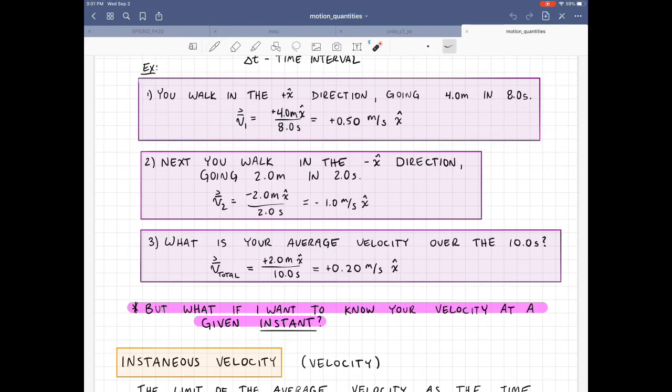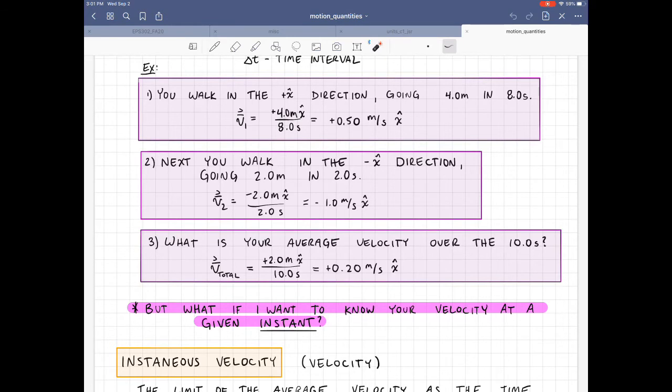And so how do you interpret what the average velocity, what information is that providing you? It's essentially telling you that if you traveled the entire 10 seconds at 0.2 meters per second in the plus x direction, if you traveled the entire 10 seconds at that velocity, you would end up 2 meters away from where you started. Now, of course, that's not the actual motion.